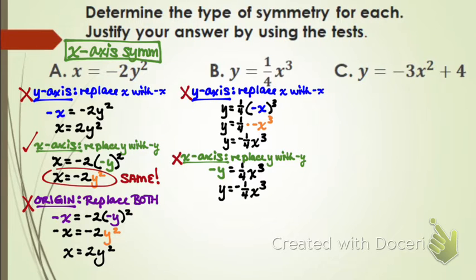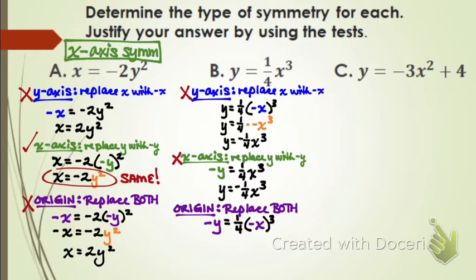And then last but not least, we're going to replace both of them to check for origin symmetry. So y gets replaced with -y. X gets replaced with -x.